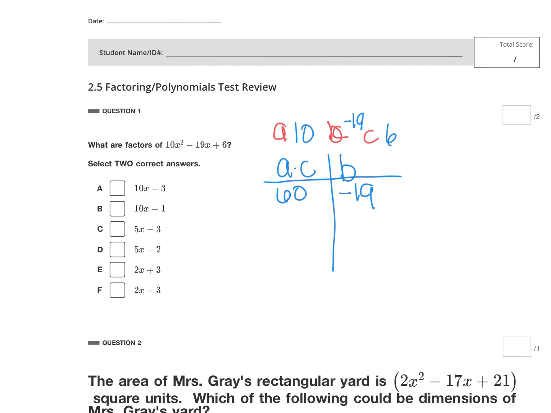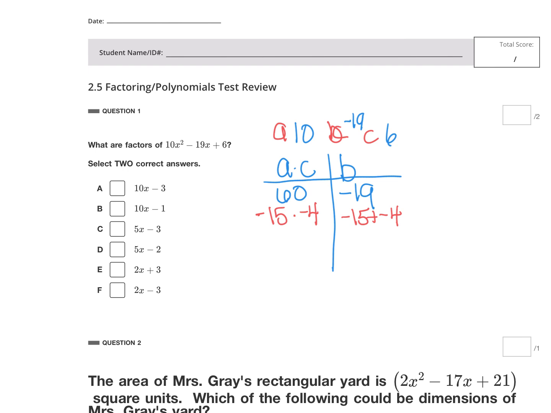So when I go through all of my factors, I find that negative 15 times negative 4 gives me a positive 60, but negative 15 plus negative 4 gives me a negative 19. So these are going to be my factors.